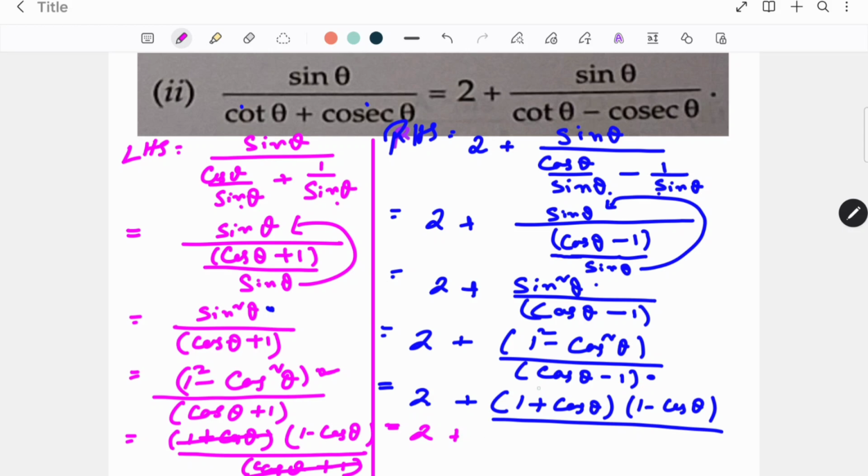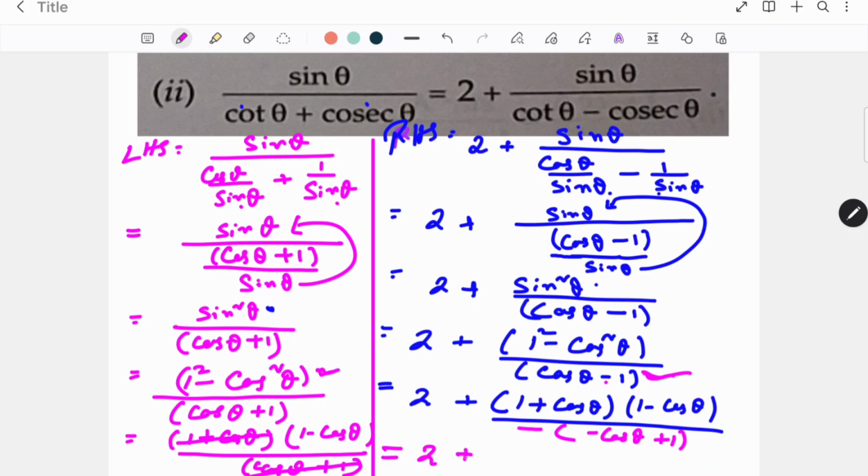Here in this step, in the denominator cos theta minus 1 is there, we will take minus 1 common, so it will become minus cos theta, and this one will become plus 1. Why I am doing it? Because we have to cancel the upper one and down one. Which one I am talking about? Let's see in the next step, you will understand.